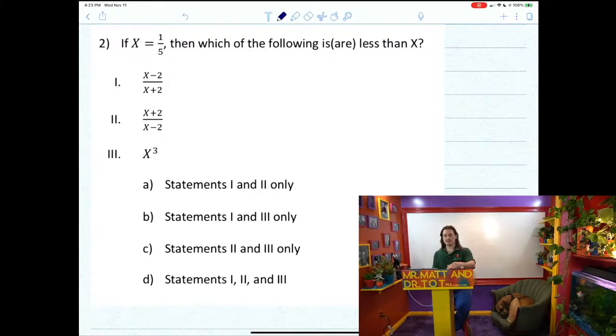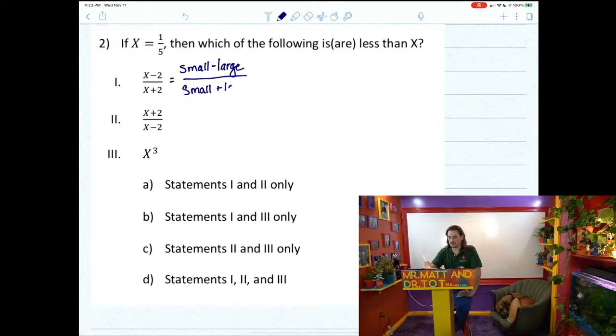So we could plug in 1/5 and evaluate here, but notice that in the numerator, for statement number 1, we have x minus 2 when x is 1/5. That's going to be a small number minus a relatively large number over a small number plus a relatively large number.